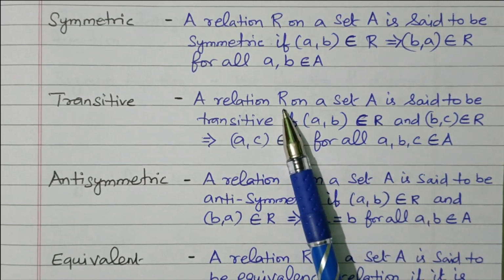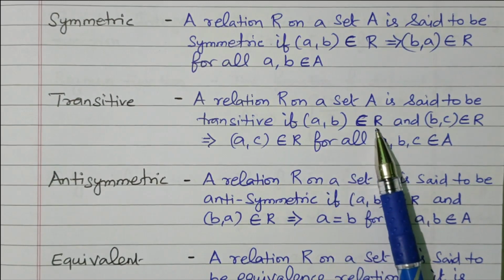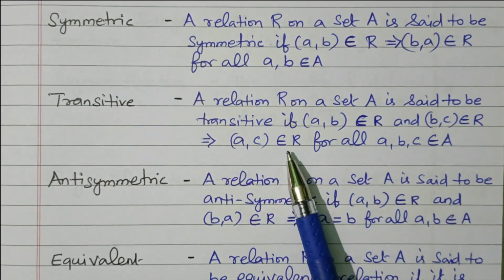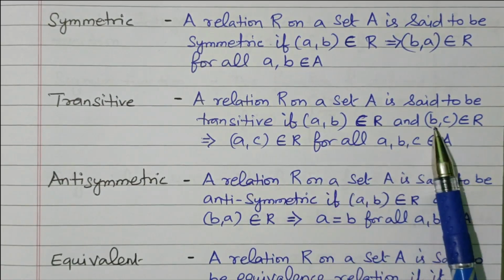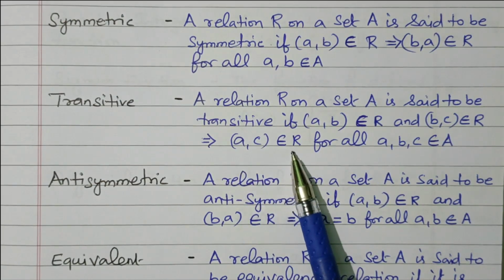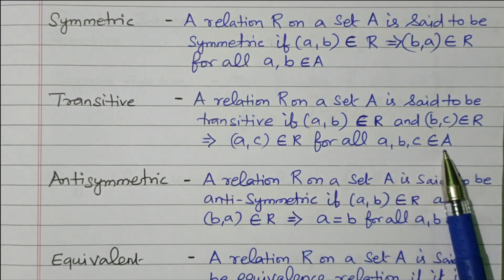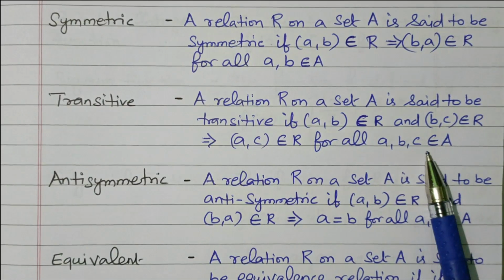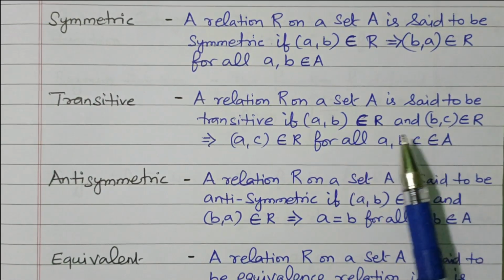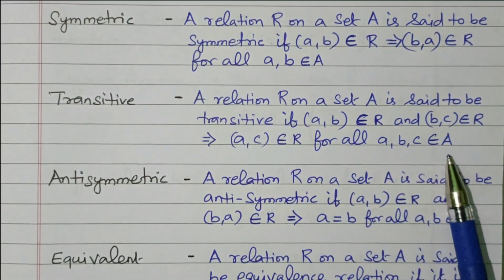We are checking the relation R for a set A: (A, B) in R, (B, C) in R, (A, C) in R. A and B are combined here, B and C are combined here, A and C are combined here. That's called transitive.